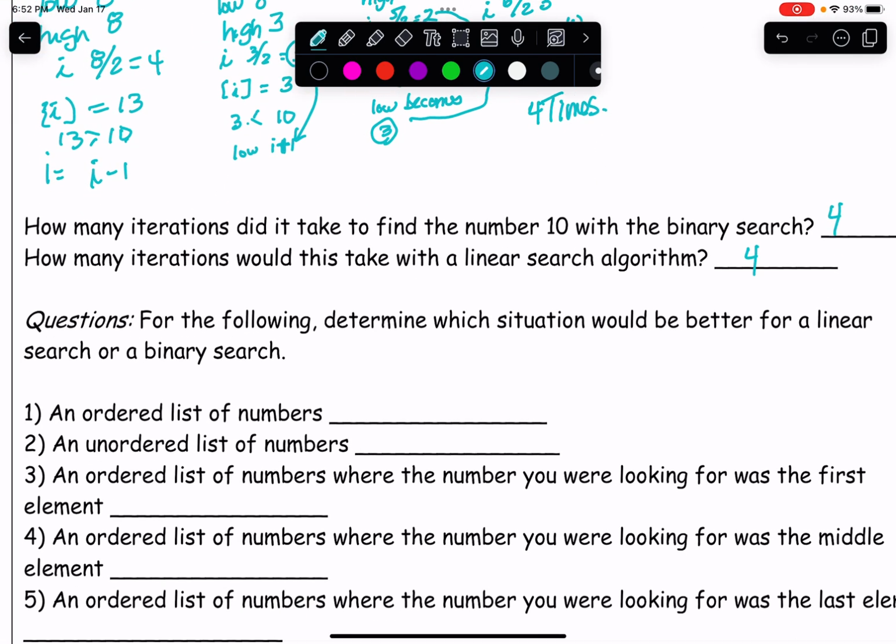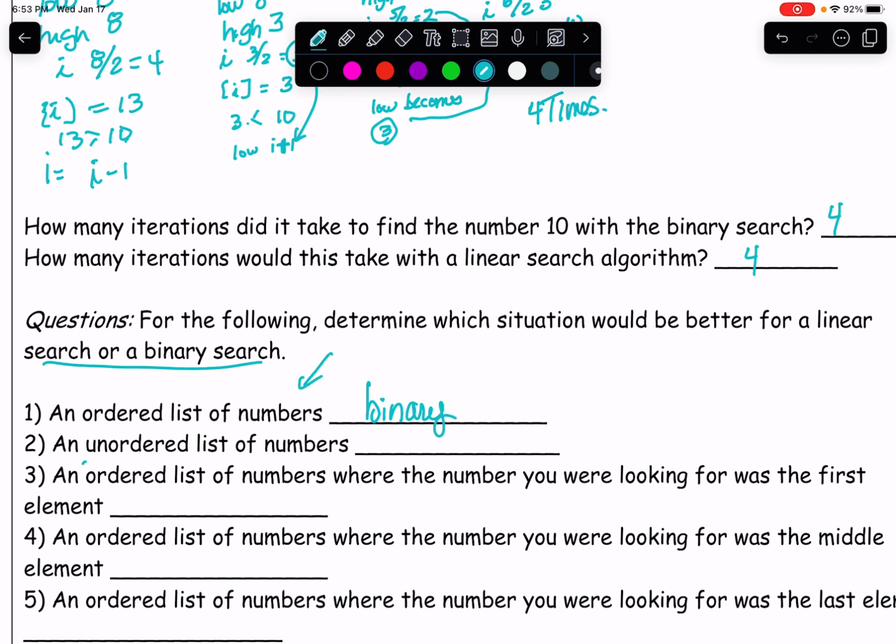For the following, I want you to determine which situation would be better for a linear search or a binary search. So you're thinking about the size, you're thinking about the order. The very first one says an ordered list of numbers. If it's in sorted order, binary is most of the time going to be faster if they don't tell you how many numbers there are.